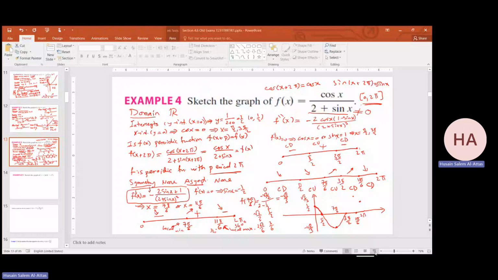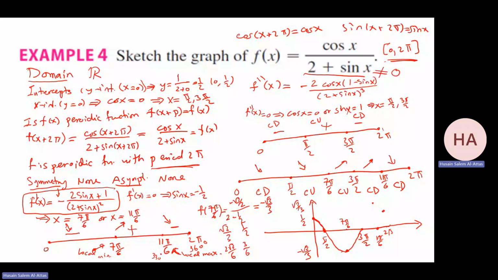Which one is bigger, square root 3 over 3 or half? By this trick, multiply both numerator and denominator by 2 to get 2 square root of 3 over 6 and 3 over 6. I know square root of 3 is 1.7, so 2 times 1.7 will be 3 point something. So this one will be bigger, so it will be here somewhere.